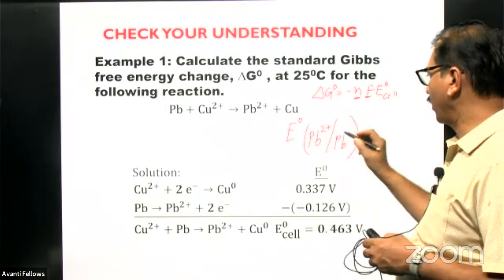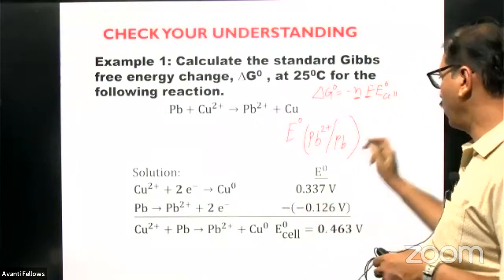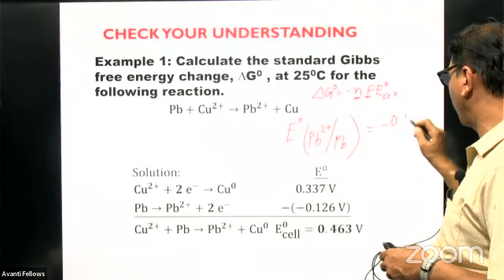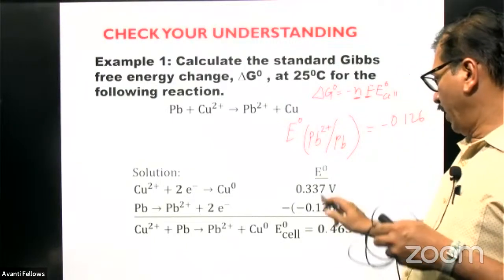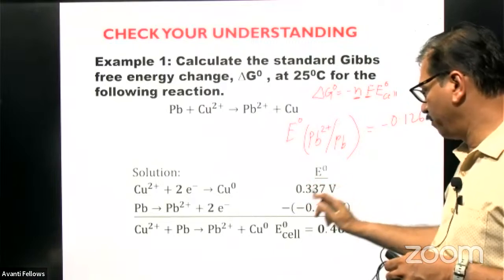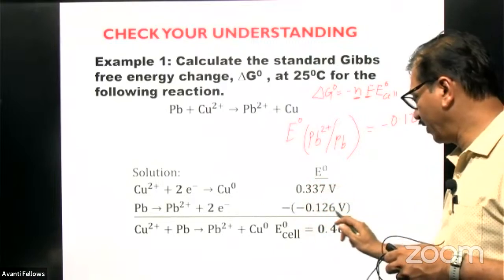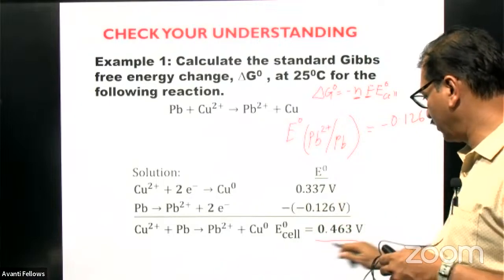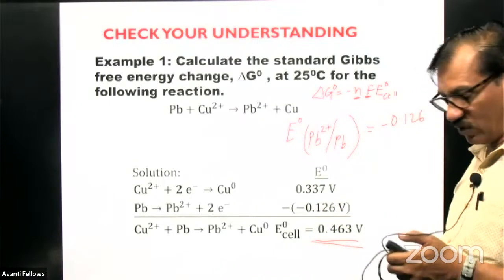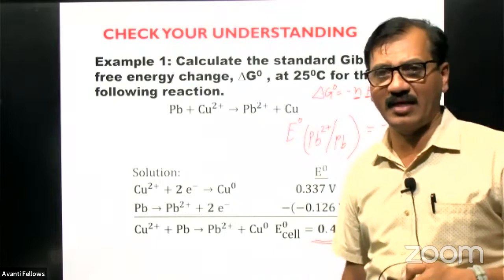Lead is minus 0.126. You can refer to the book if you want. E right minus E left, so the sum is 0.463. 0.463 is the E0 value.